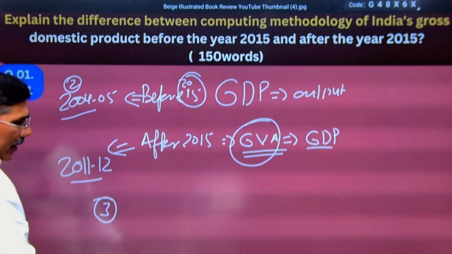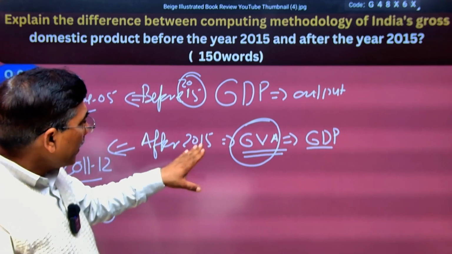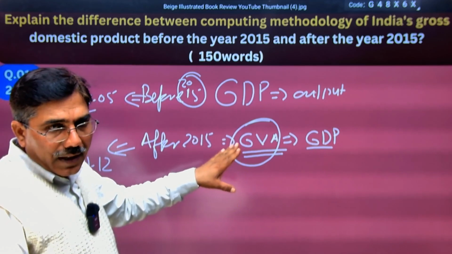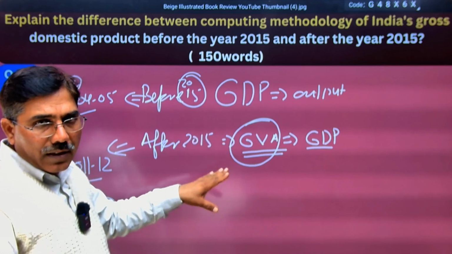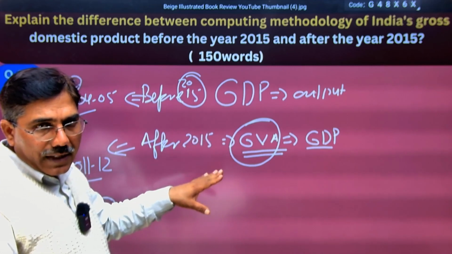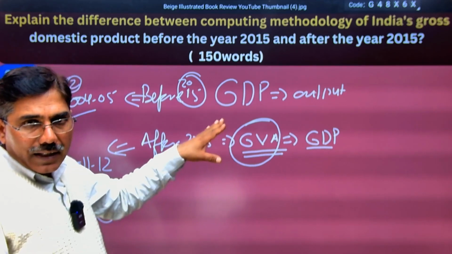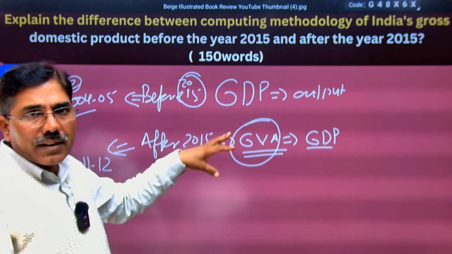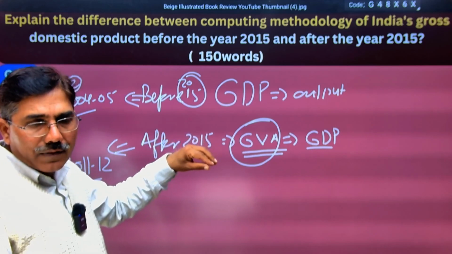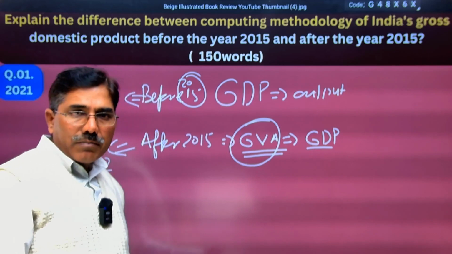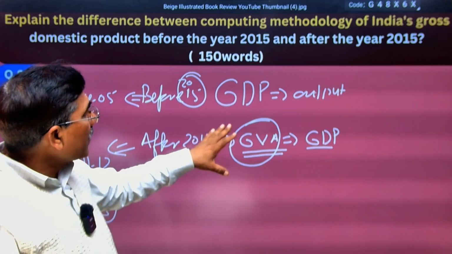The third major difference is that in GVA we are calculating the gross domestic product separately for each sector: primary, secondary and tertiary. Previously, for example, in the secondary sector we were using the index of industrial production for the calculation of manufacturing output, but after this we are calculating it through the GVA method. Those kinds of changes are there.